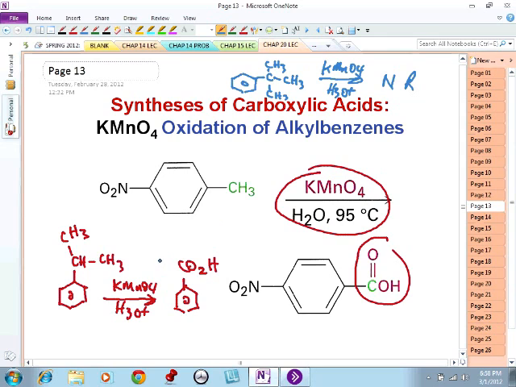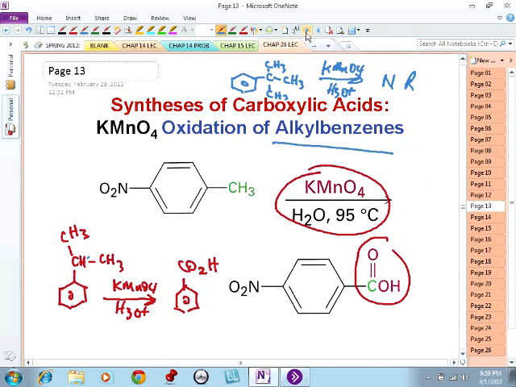For this reaction to go, there must be a hydrogen attached to the carbon which is attached to the benzene ring. In this case, we have this hydrogen here. At least one hydrogen attached to that carbon. So we could form carboxylic acid by the oxidation of alkyl benzene.